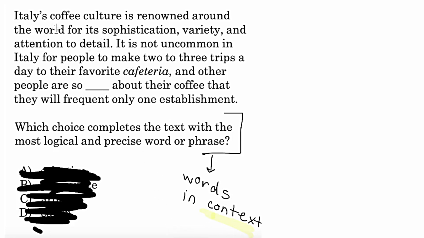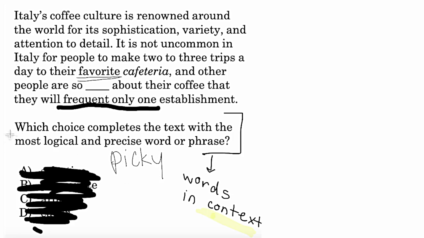So we're looking for a context clue. I'm going to look through this passage and see which words could help me figure out what could go in the blank. People are so something about their coffee that they will frequent only one establishment. So if someone only frequents one establishment, they're probably picky about their coffee. So yeah, I'm going to go with picky.